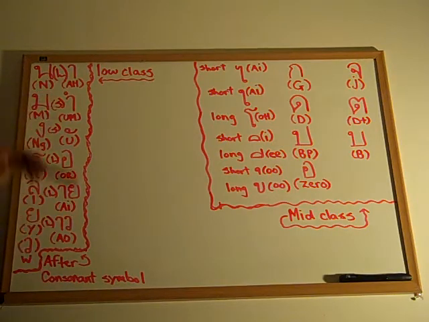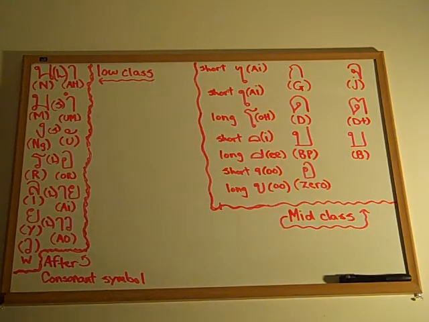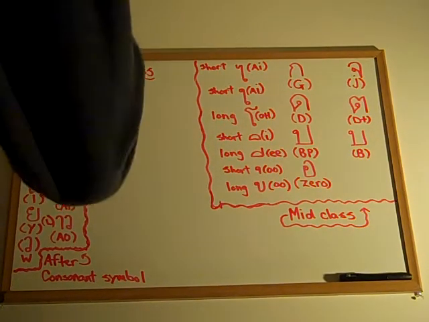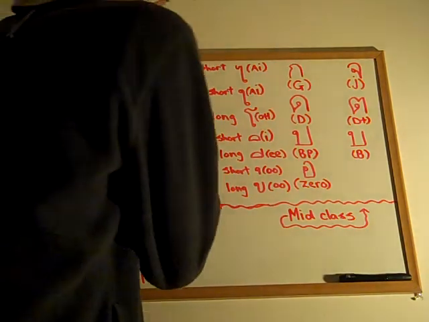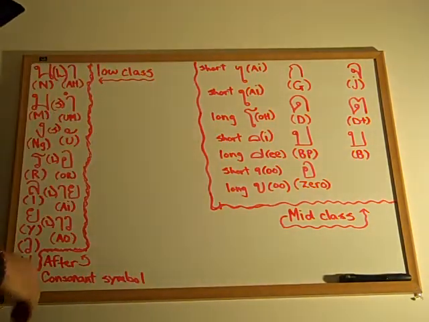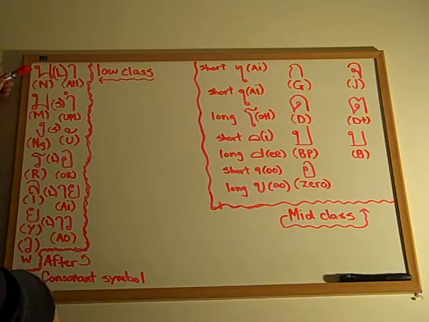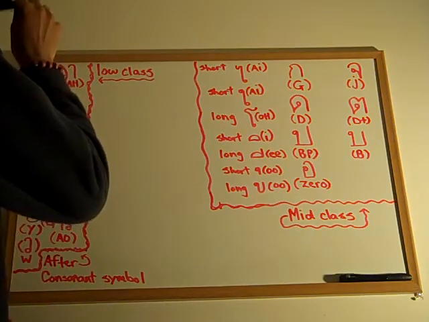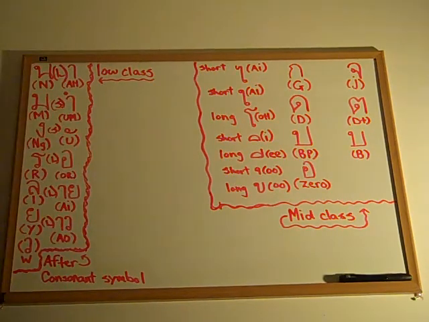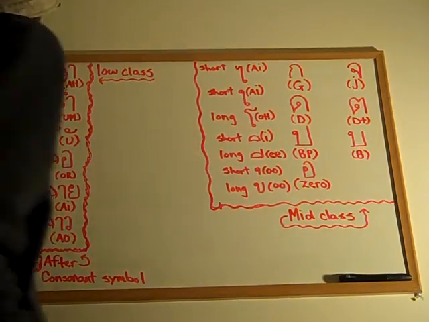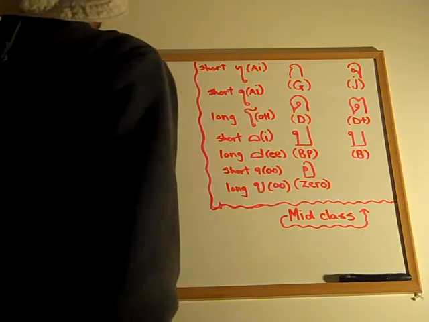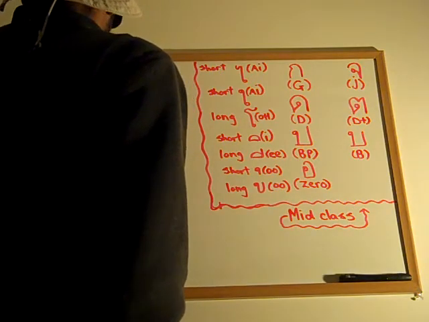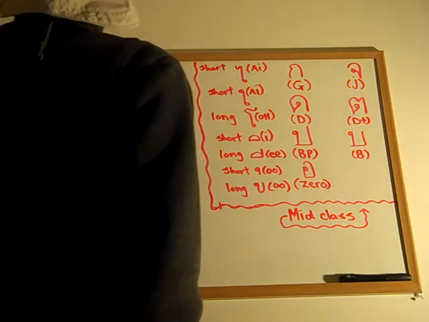Now what I'm going to do is put these in context just to show you guys how to spell with these letters here. So let's go ahead and do that. I'll take some simple words that I know in Thai. It won't be in order, but I will be using all the letters here in this row.